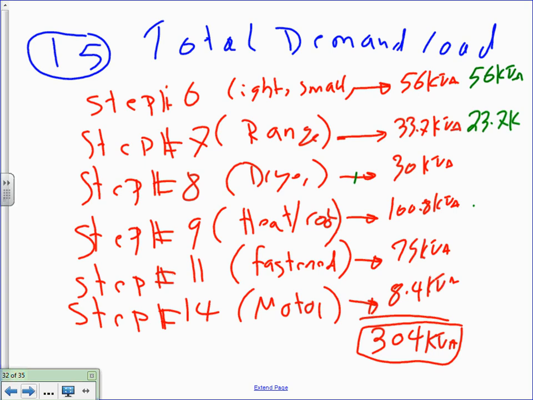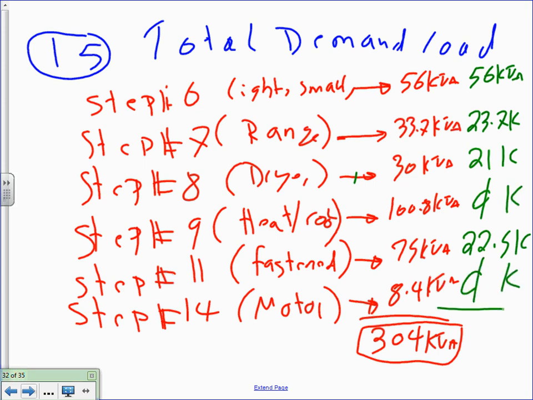What was the dryers? 21 K. For the heaters, big fat 0. For the fasten in place, 22.5 K. These are Ks. For the motors, big fat 0. Add them up: 123.2 K. 123.2 kVA.